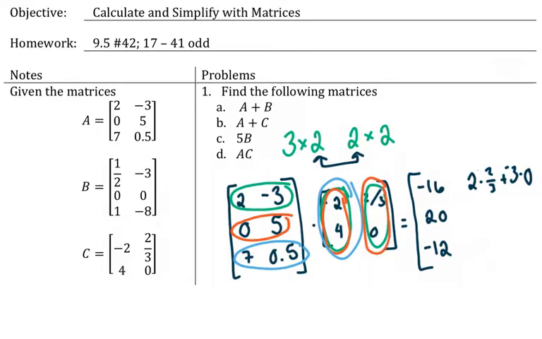So 0 times 2/3 plus 5 times 0. And then lastly, the light blue multiplied here, 7 times 2/3 plus 0.5 times 0. And our last step will just be to do that arithmetic, and you'll end up with your multiplied matrix. All right, and there you have it.